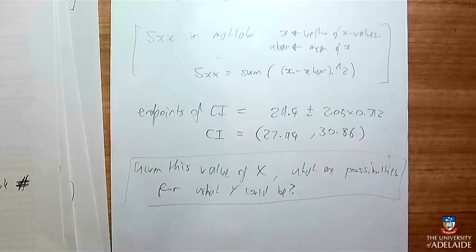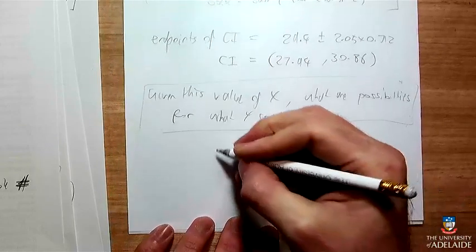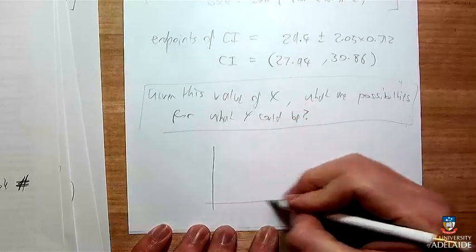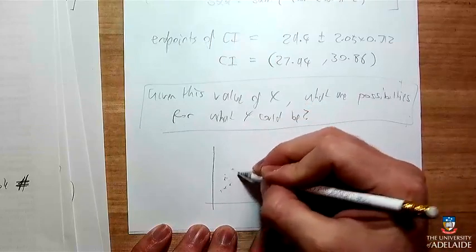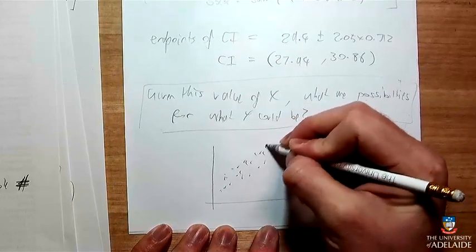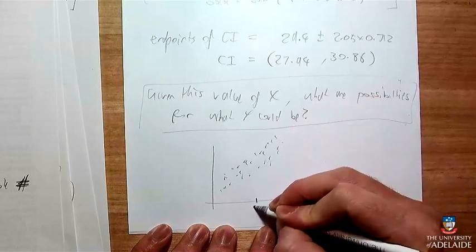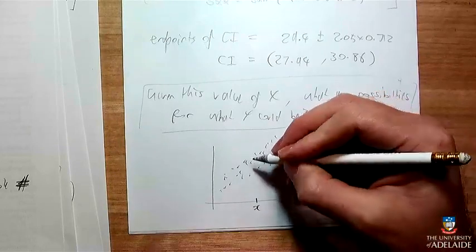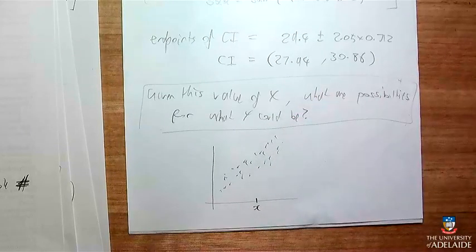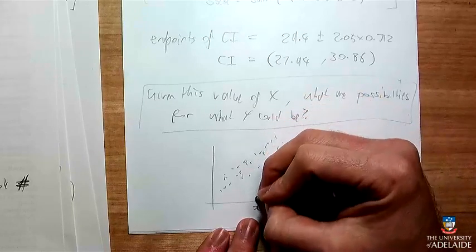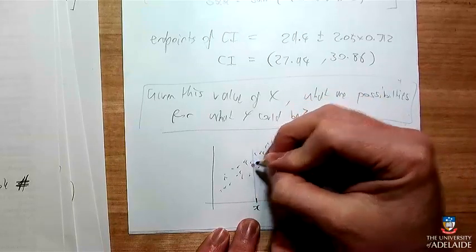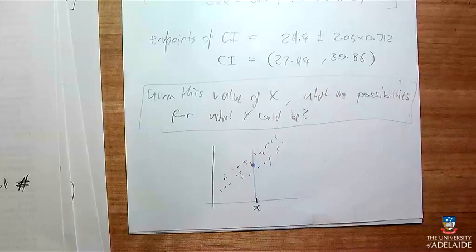Okay? So the difference is, given this value of x, where'd my purple one go? Right, that's where the average y is, I think.